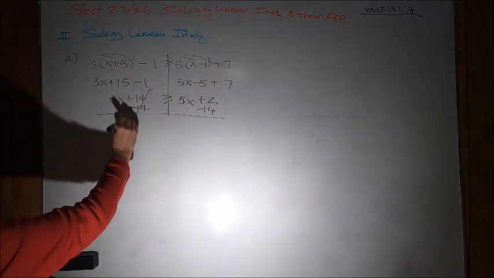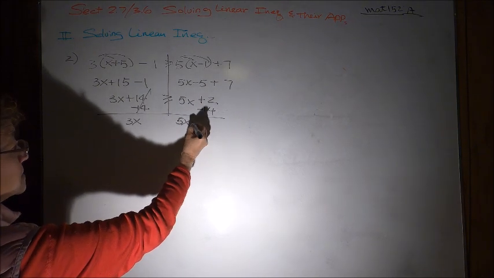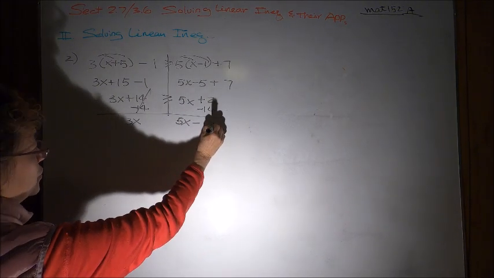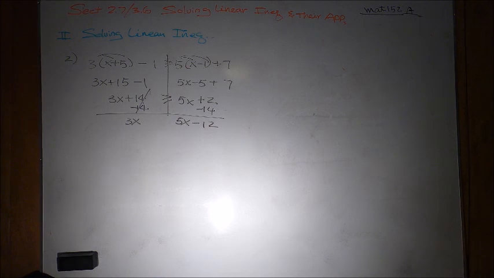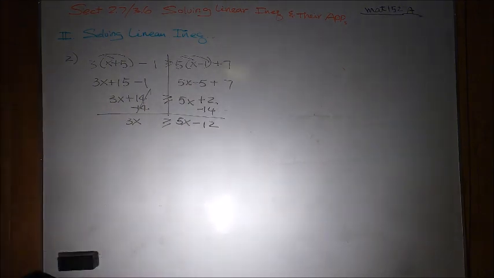Right? So here will be 3x, here will be 5x minus what? 12. Right? Should we change the direction? No.